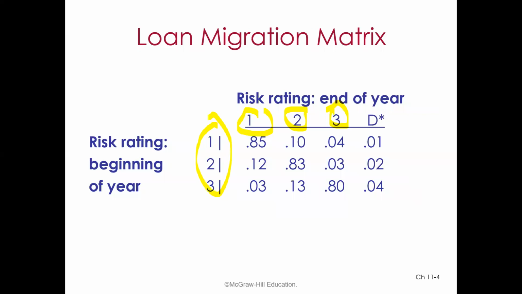The rows in this table list the grades at which the portfolio of loans begins the year, and the columns list the grades at which the portfolio ended the year.